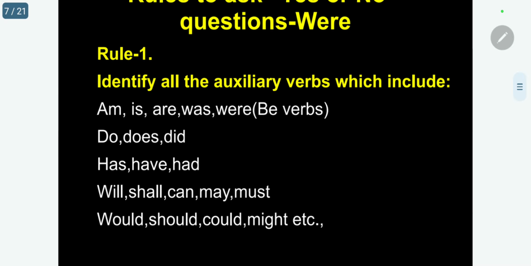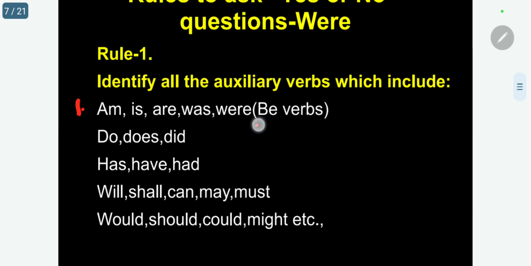So, let me concentrate before that. I'll give rules you have to follow to use the proper auxiliary verb to ask yes or no questions. First rule, identify all the auxiliary verbs, which include 1. Am, is, are, was, were.